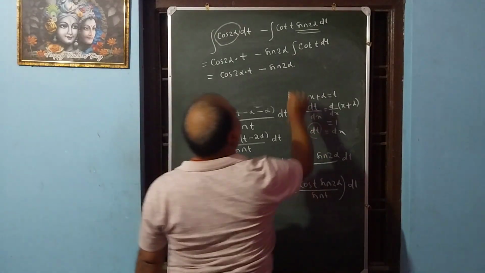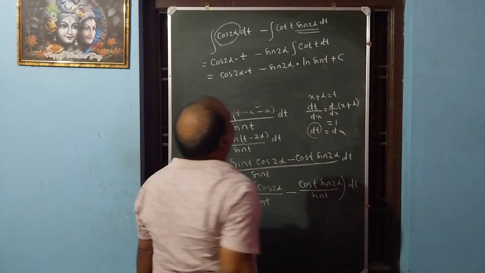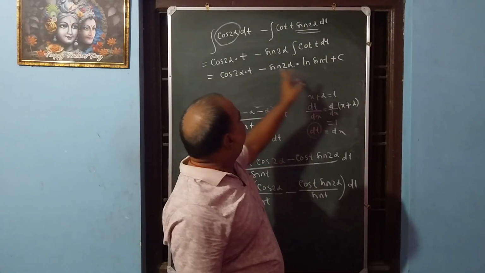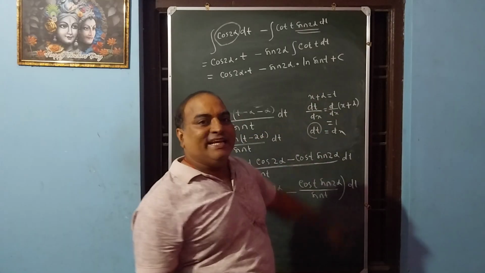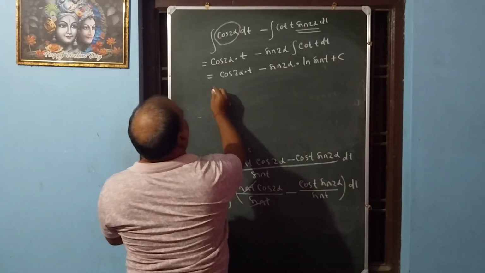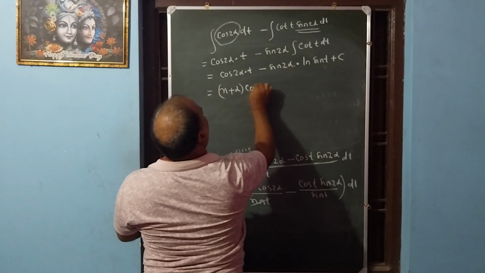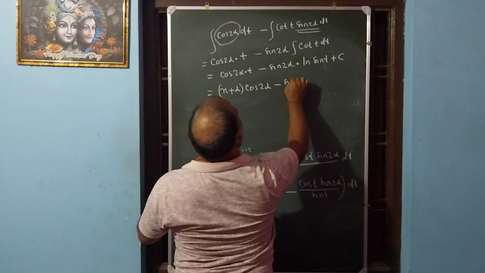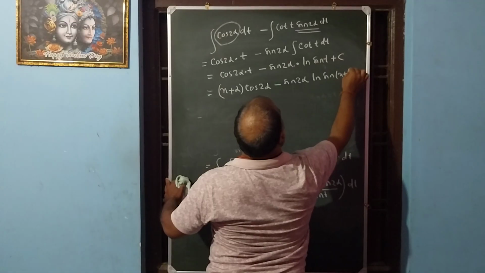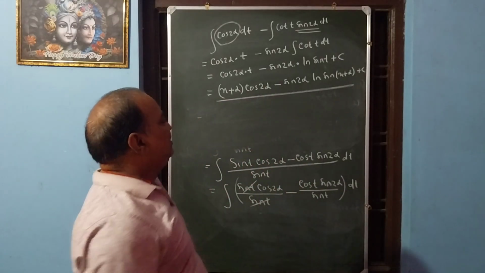That is ln sin t, that is one formula, ln sin t plus c. Now in place of t you have to put the value x plus alpha. So we get (x plus alpha) into cos 2 alpha minus sin 2 alpha ln sin (x plus alpha) plus c. So this is the answer.